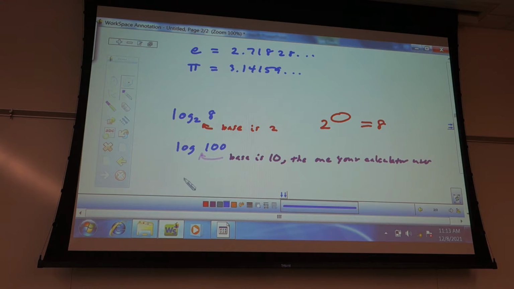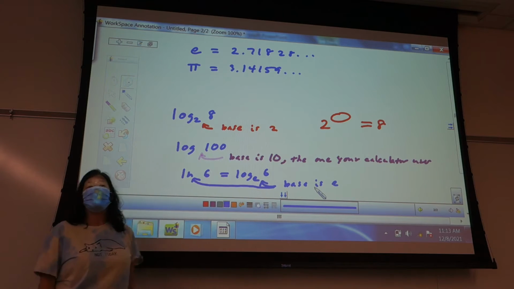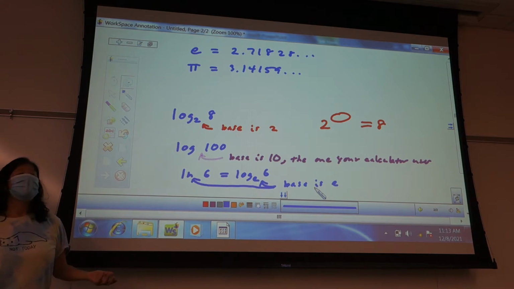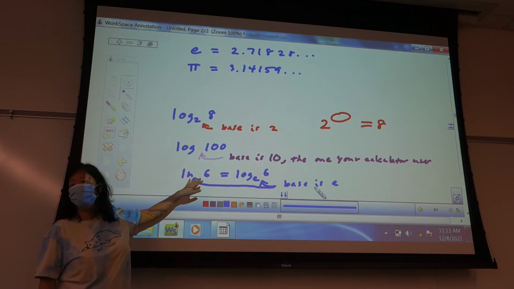And then there's this thing called ln. ln of, let's pick 6, is the same thing as log base e. ln means log base e, and it comes up so often that we made a special thing for it.